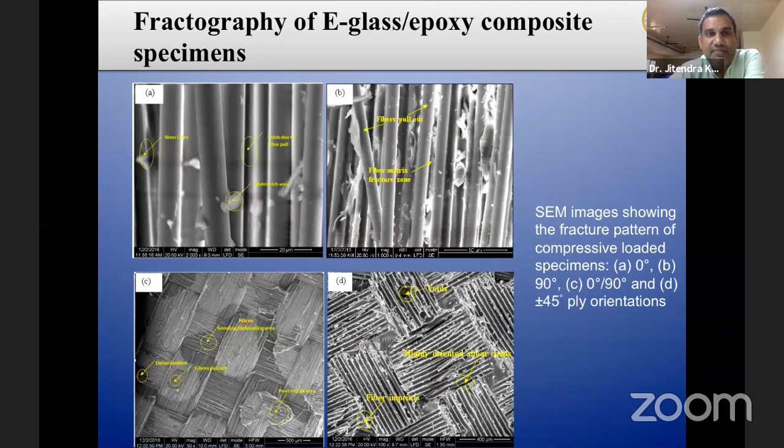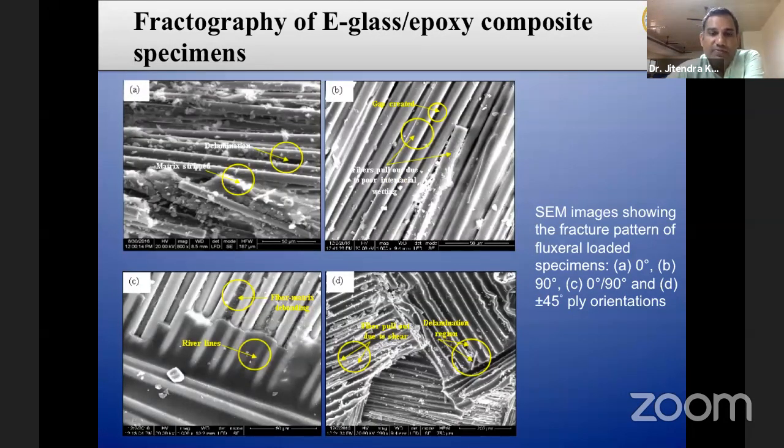Another thing, compressive load: we checked the compressive strength of the different orientations, and found that the compressive load is also better in this case than in the other orientations. The flexural test we performed as a 3-point test, and we found that in the 0-degree only the matrix is stripped from one side, and some delamination occurs, but the others are damaged very late.